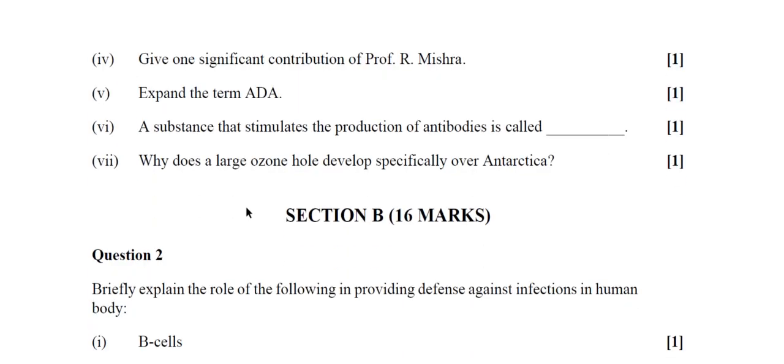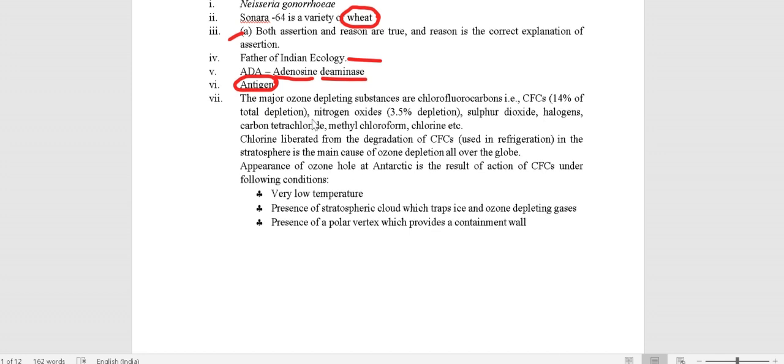Question number 7. Why does a large ozone hole develop specifically over Antarctica? Here I am describing a few things. The major ozone depleting substances are CFCs, responsible for 14% of total depletion.